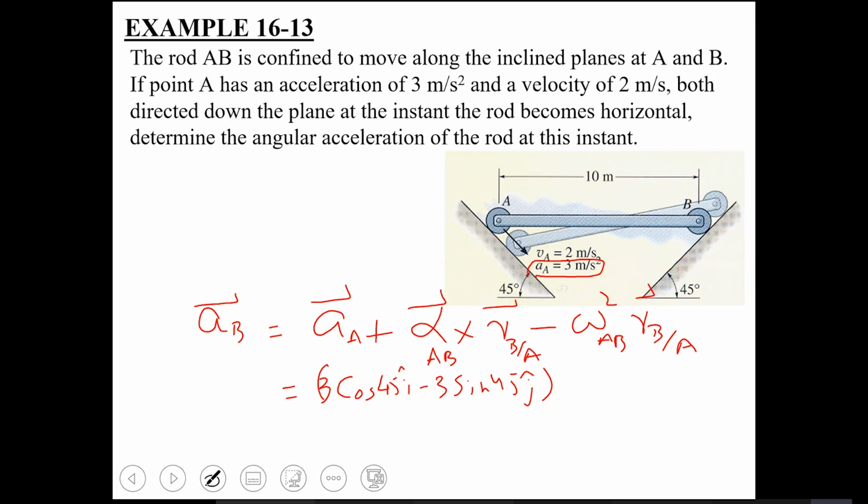Can you judge it? No, sir. So if you cannot judge it, you are always going to assume it in a counterclockwise direction. Solve it. If the sign of alpha after solution comes out to be a positive quantity, that means your assumption is correct. If it comes out to be a negative quantity, that means you are going to reverse your assumption. So alpha judge करना पॉसिबल नहीं है.